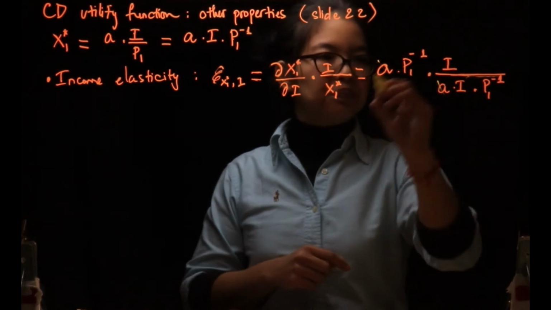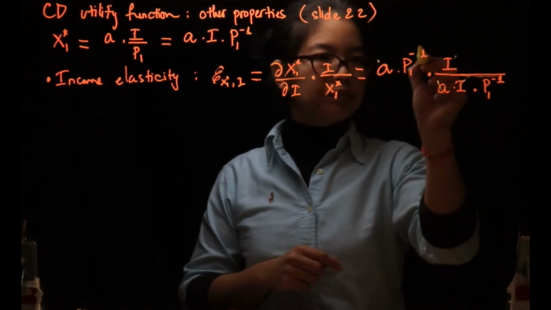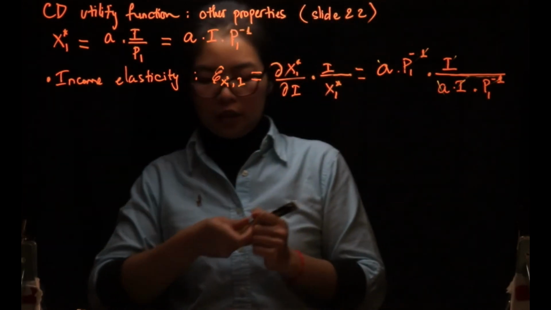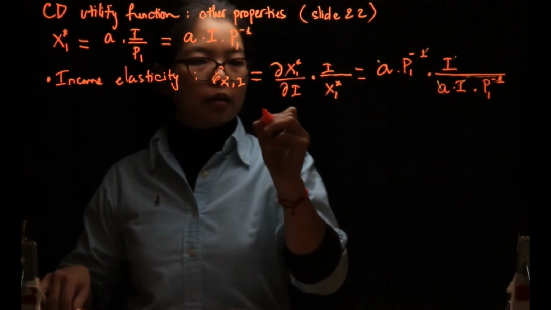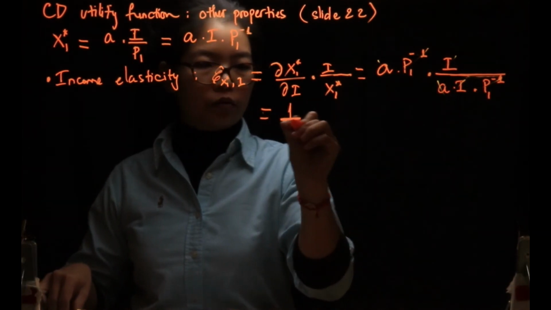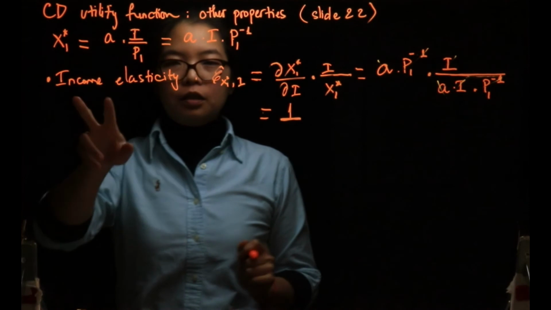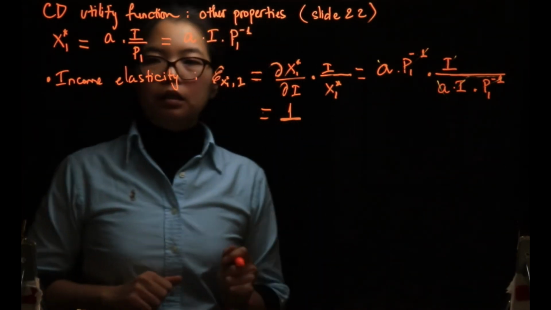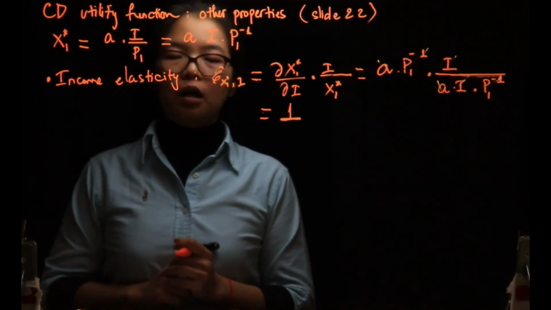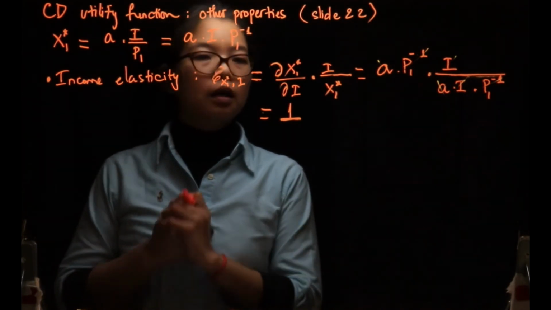A is gone, I is gone, P1 to the power of minus 1 is gone. So at the end it is equal to 1, right? So this is the first property: the income elasticity of the Marshallian demand function for the Cobb-Douglas utility is 1.